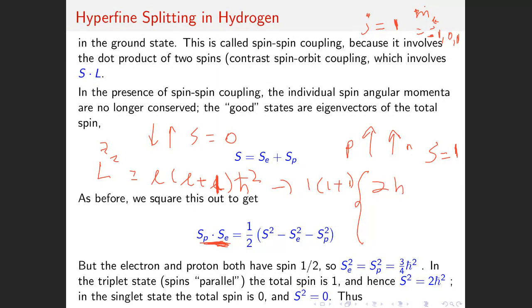So we'll get something which will have S squared times h bar squared, with angular number 3/4, and they are the same. So you either get 2 h bar squared minus this, or you get the term that has 0.